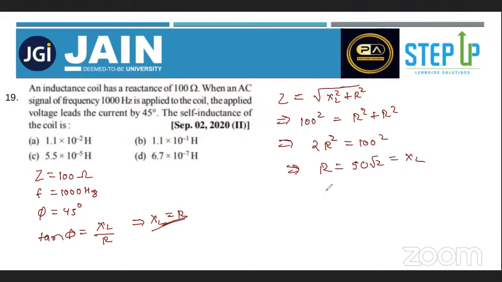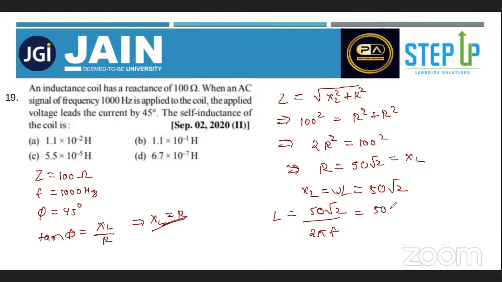So now I can write XL is equal to omega L. Omega L value is equal to 50 root 2. Now from here, if I want to calculate self inductance, that is L, L can be written as 50 root 2 over omega. Omega can be written as 2 pi f.